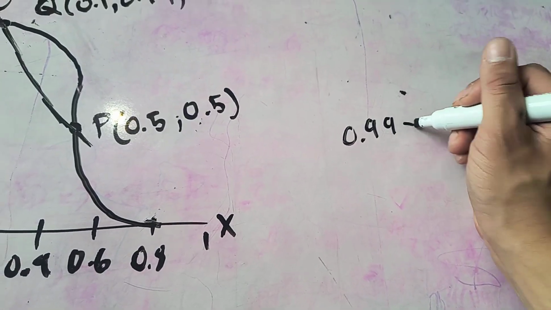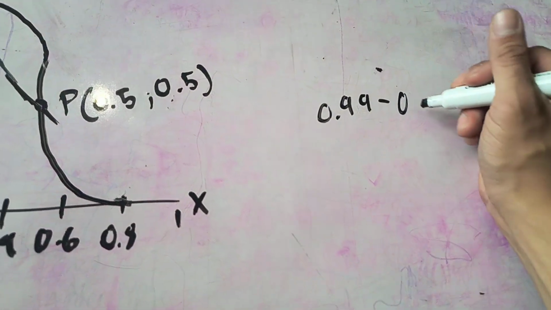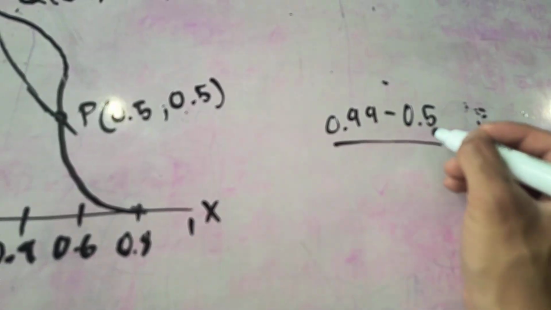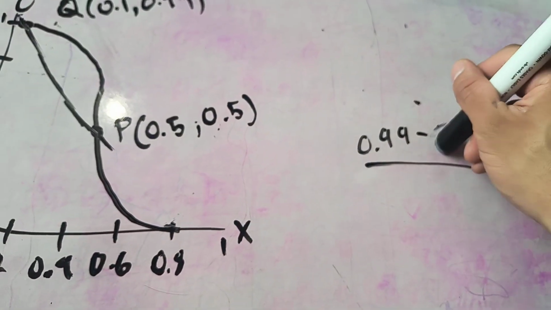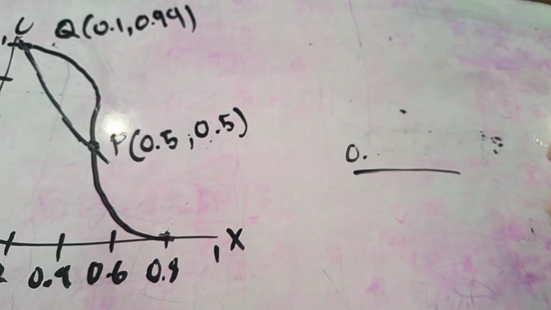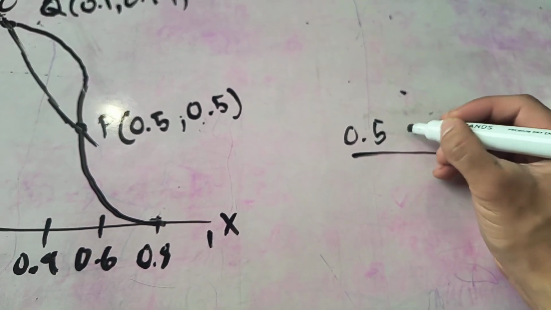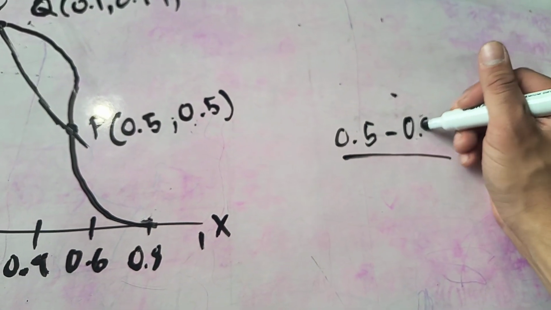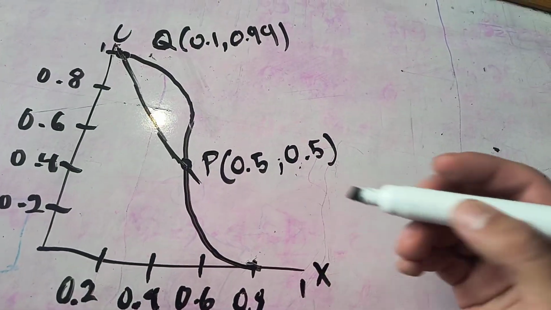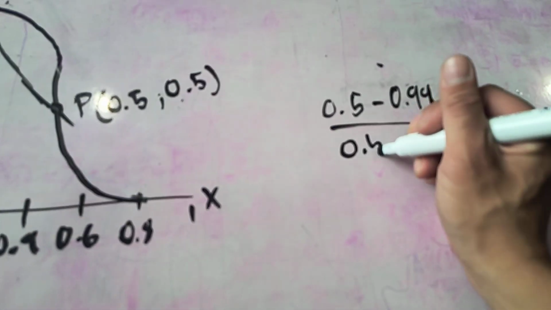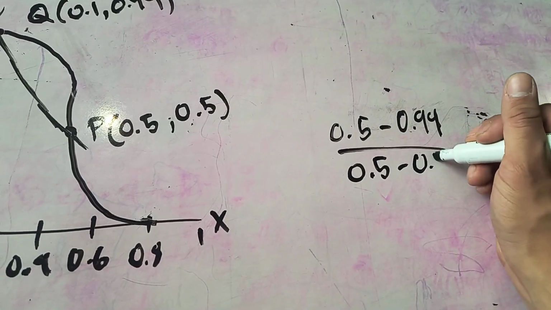0.99 minus 0.5 over the change of, well, actually, we go 0.5 minus 0.9, and then we'd go 0.5 minus 0.1.